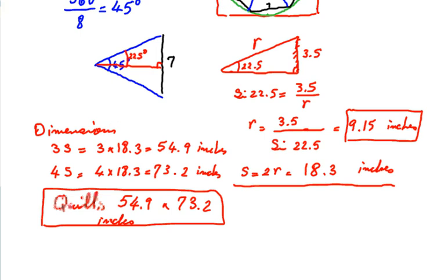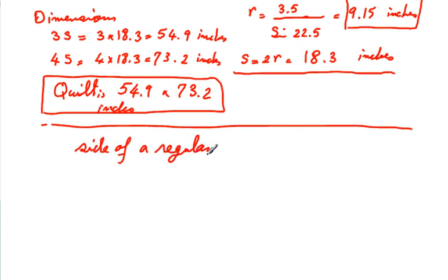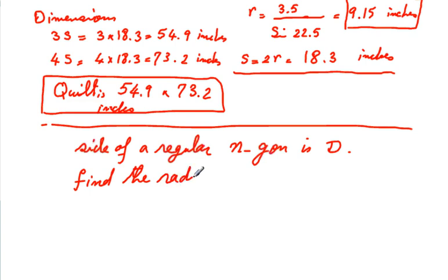So let me see if anybody wants to challenge themselves to the following. Side of a regular n-gon is D. Find the radius of its circumscribed circle.